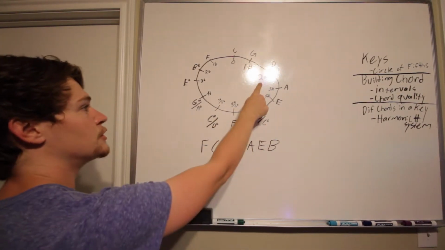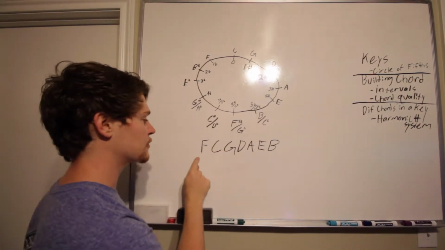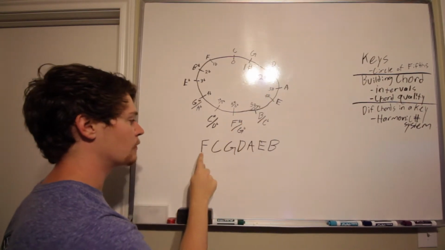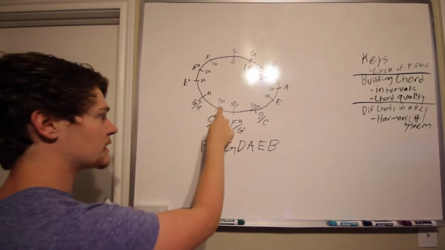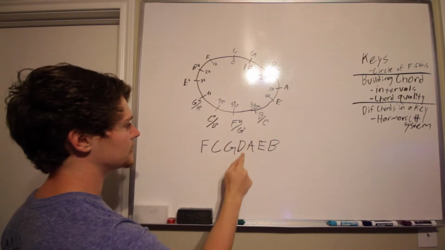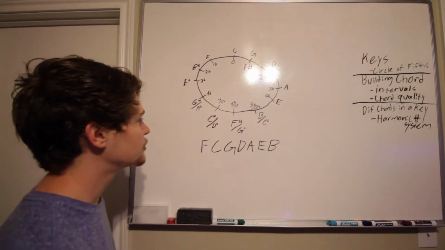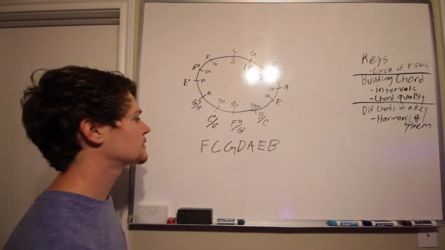If you have 2, you go 1, 2: F sharp and C sharp. If you have 3, you go 1, 2, 3, and include a G sharp. Even up to 7, you still go in this order: F, C, G, D, A, E, B. So if you're in the key of C sharp major, you have all the sharps.